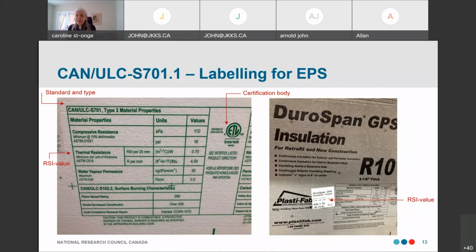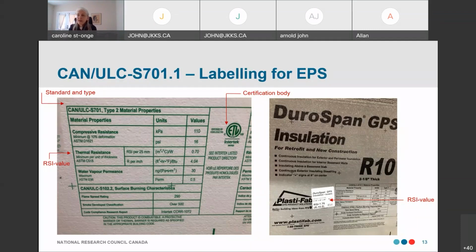Some standards require that a caution with respect to fire hazard will be stated on the label and so on. But I'm going to limit my comments on a few things, such as the thermal resistance value and the identification of the standard.